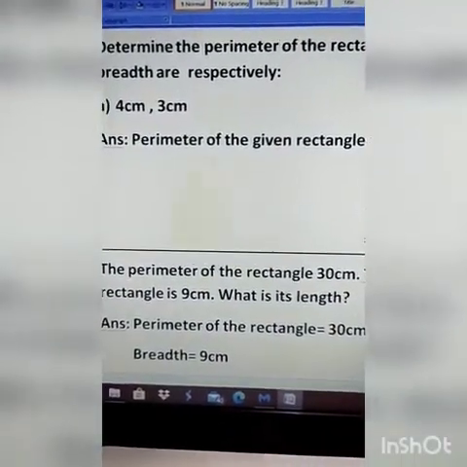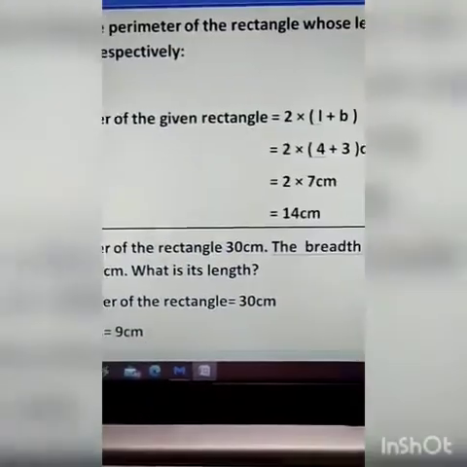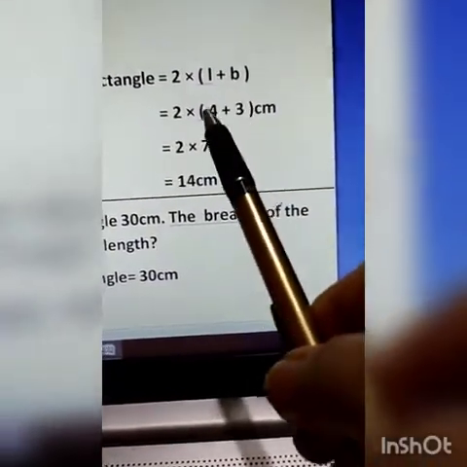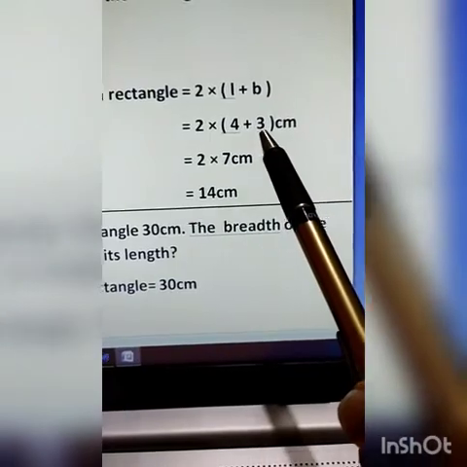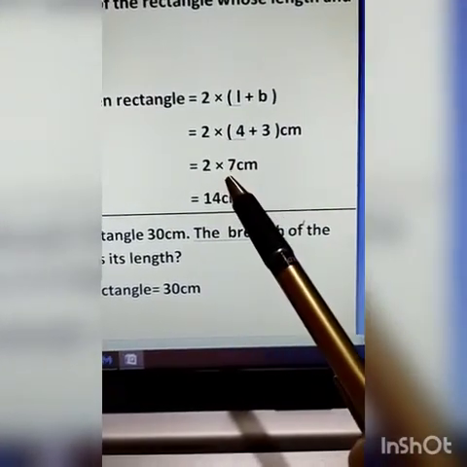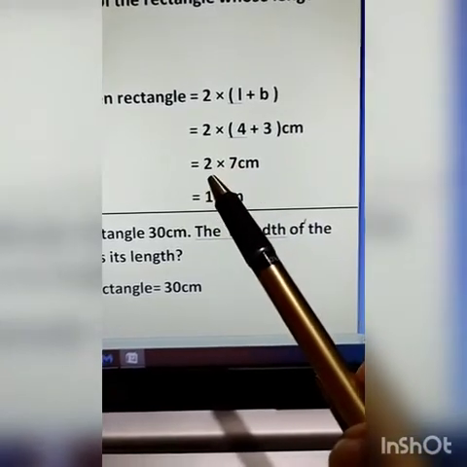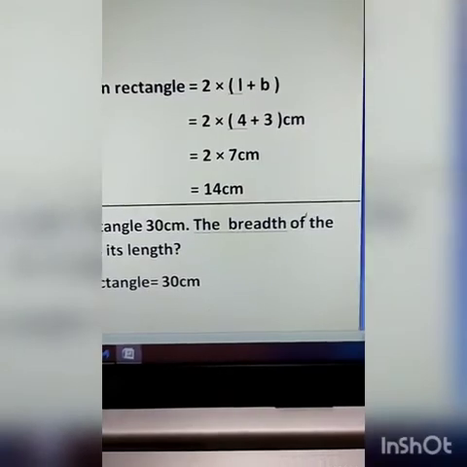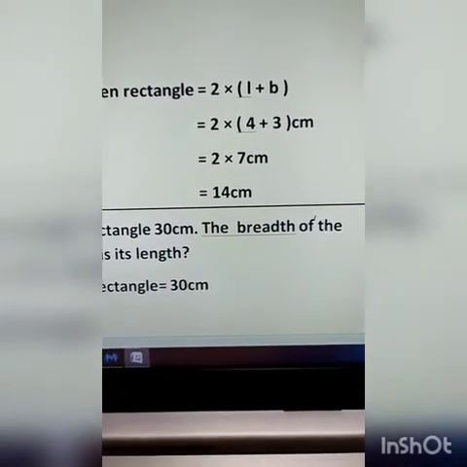So simply perimeter of the rectangle, we know the formula 2 into L plus B. Here we'll put the value of length and breadth and we'll get the answer 4 plus 3 is 7. That number you will multiply by 2, 14. And very importantly, what you will write? Unit of perimeter.